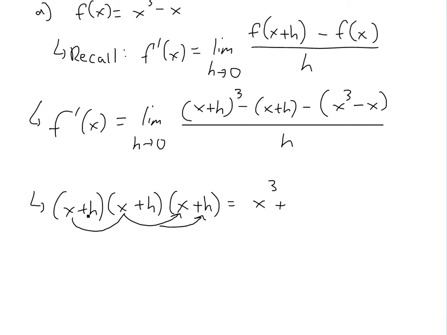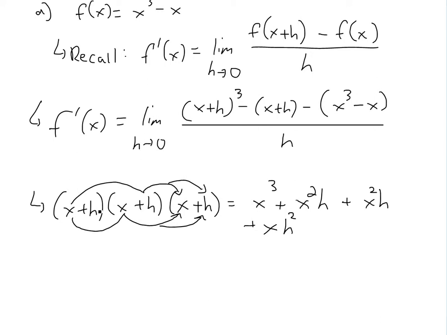Then plus x times h, so you multiply the first by these two and add them up, and you get x squared h. Then plus x h, and then there's another h, so h squared.